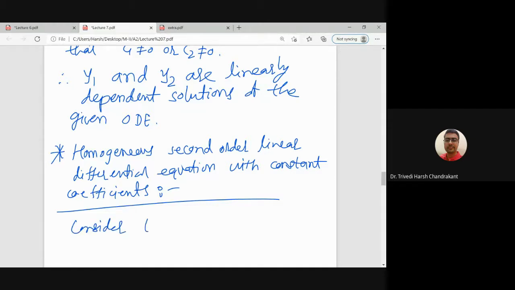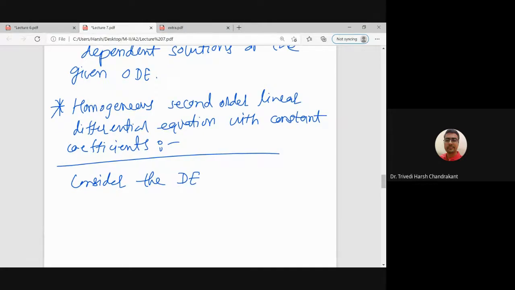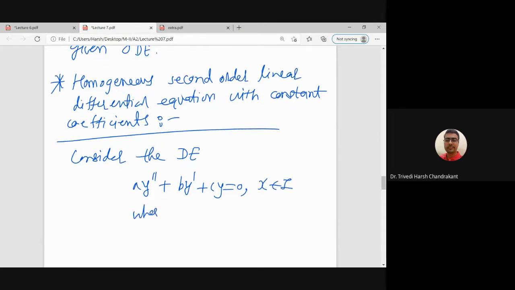Consider the differential equation a times y double dash plus b y dash plus c y is equal to 0, where x is in some interval and a, b and c are constants or numbers.